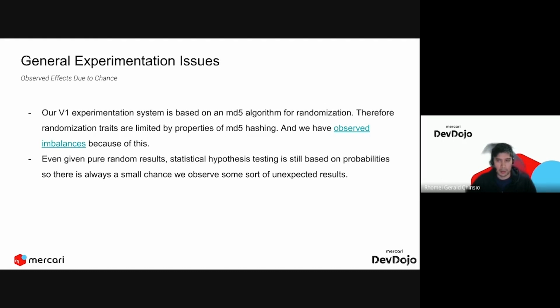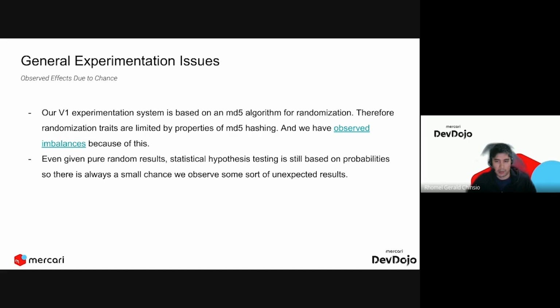But even given that, there has been one instance here at Mercari where there was obvious randomization imbalance between assignment populations, simply because of MD5.